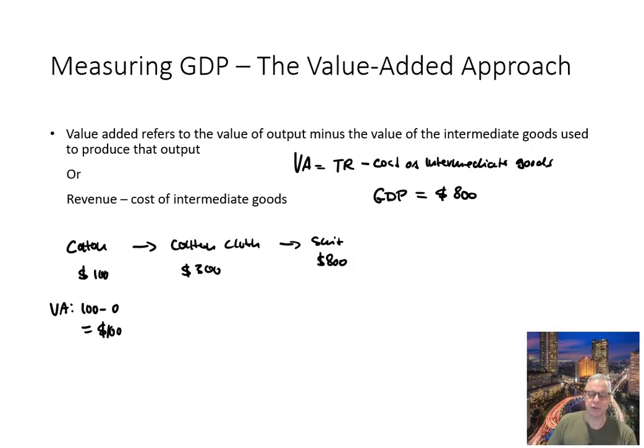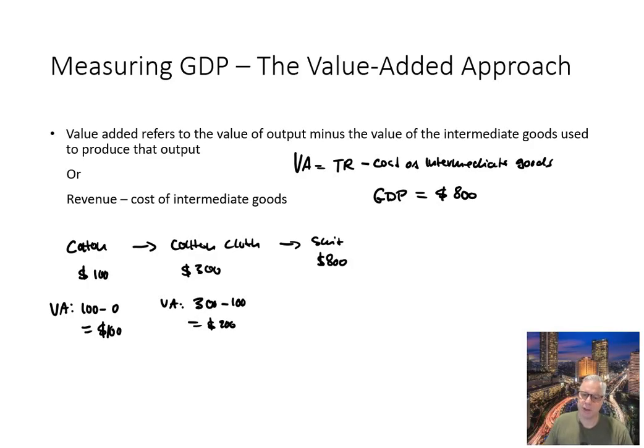The cotton cloth producer's value added is equal to 300 minus the 100, so that is equal to 200.